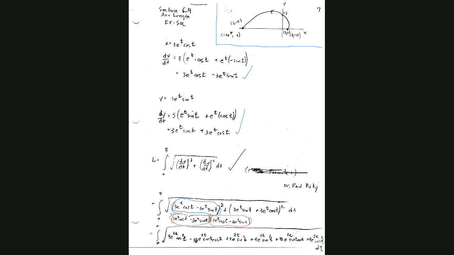And when I do FOIL to multiply 3e^t cosine t minus 3e^t sine t by itself, I'll get 9e^(2t) cosine squared t minus 18e^(2t) sine t cosine t plus 9e^(2t) sine squared t.